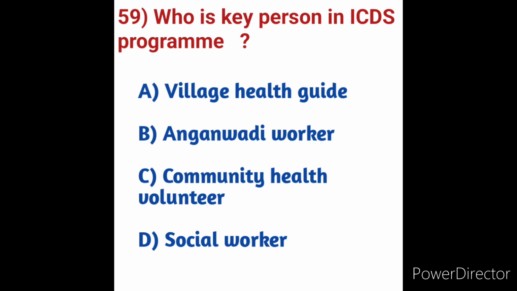An Anganwadi worker is a woman employed to provide additional and supplementary health care and nutritional services to children and pregnant women under the ICDS scheme. So the key person in the ICDS program is option B, Anganwadi worker. Next we will move on to question number 60.